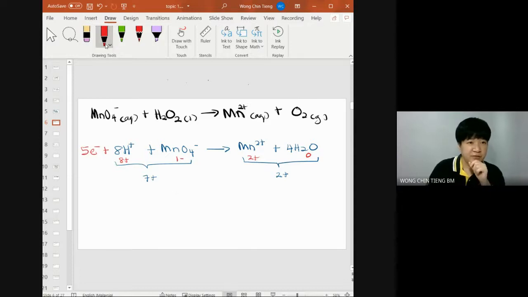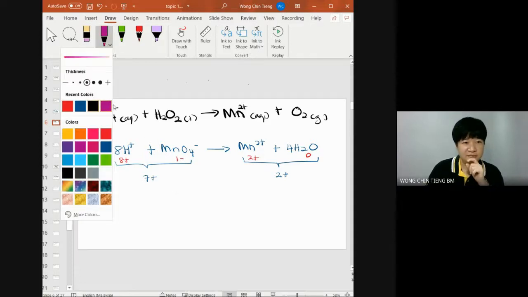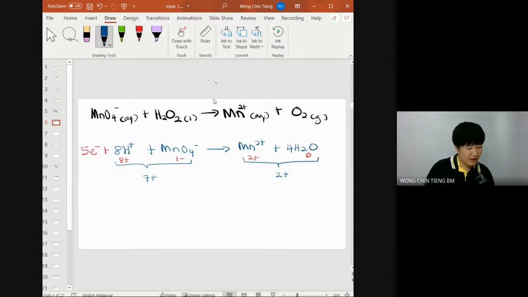Iman nampak boring. Come, answer. Come on, Iman. Next half equation. Can you read your entire half equation from the left? Baru nak buat.